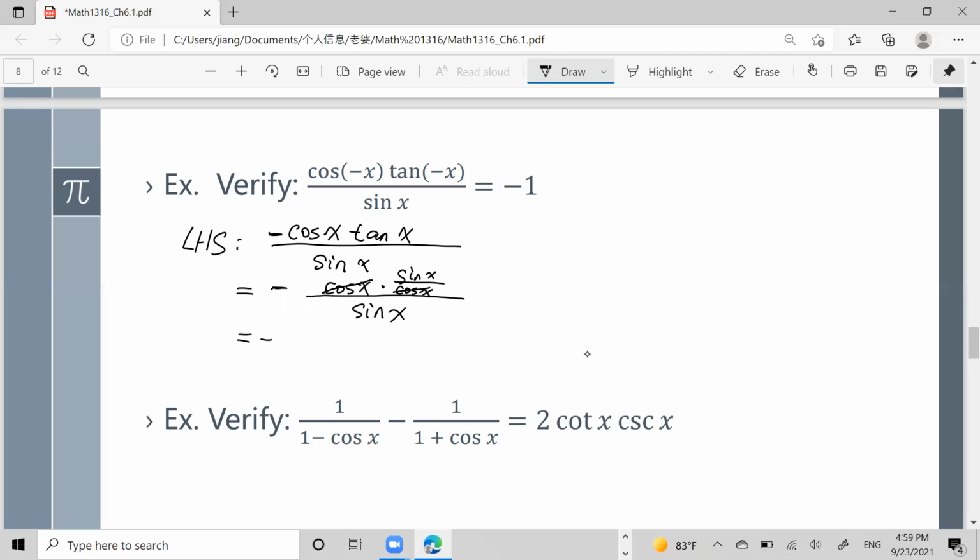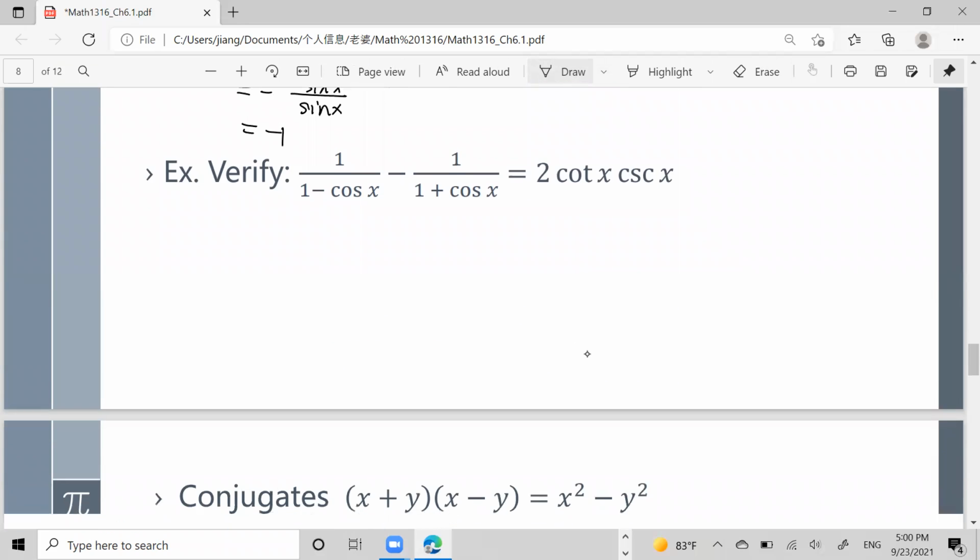Right now we have negative sine x over sine x. This one is negative 1. If I have more space, I will write the conclusion that left-hand side equals right-hand side equals negative 1. So we verified this equation. Okay, let's continue to the next one.